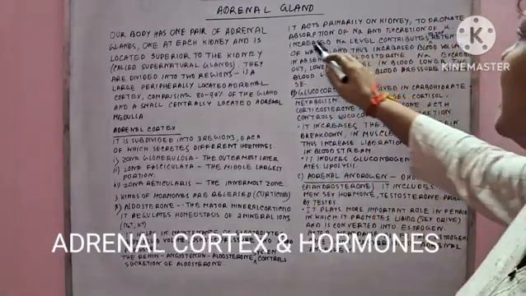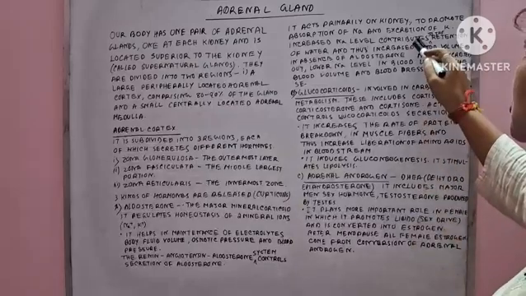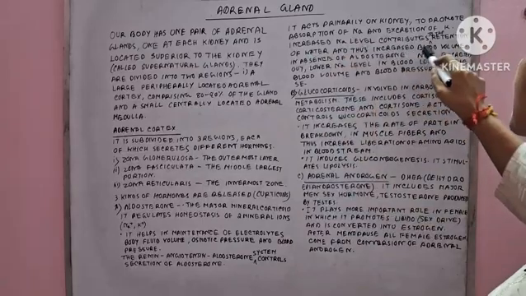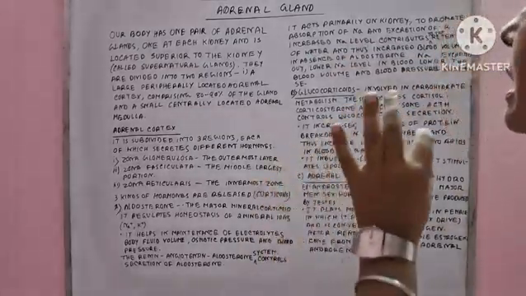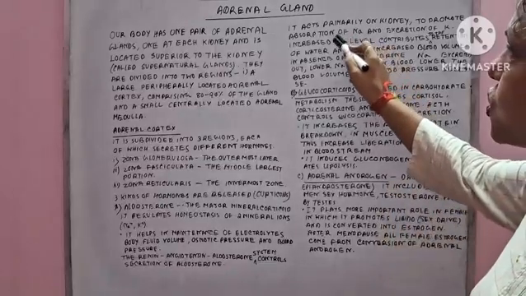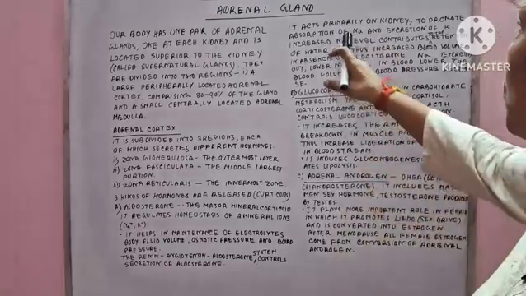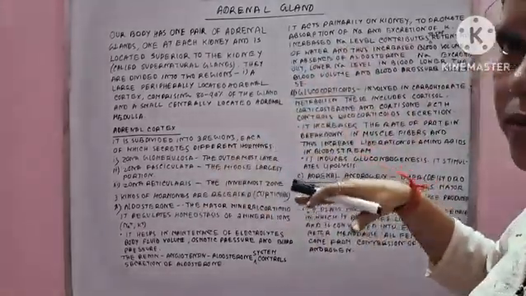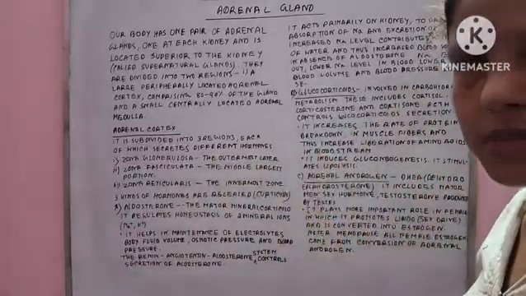When the sodium level is increased, that contributes to the retention of water and thus increases the blood volume. Think carefully: if the sodium level is increased, what is happening? The water level becomes increased in the blood, and that's why blood volume will be increased.